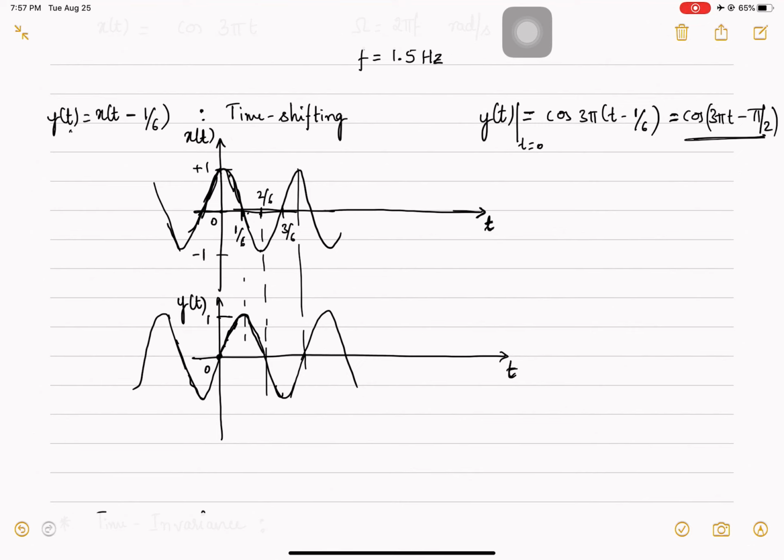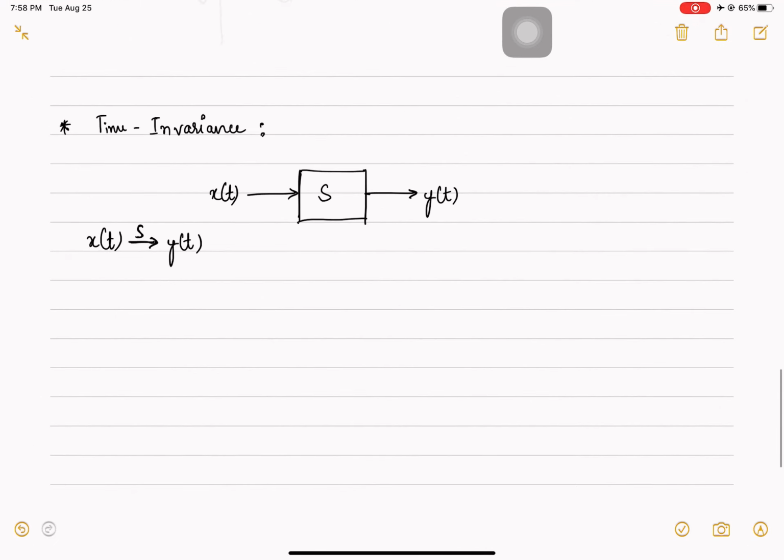Time shifting has two parts. One is delaying, when you move the waveform to the right. If there is a plus sign in between, you would have noticed that the waveform would have moved to the left. That would be advancing. With respect to the origin, the waveform is getting delayed or advanced. That is what the meaning is.